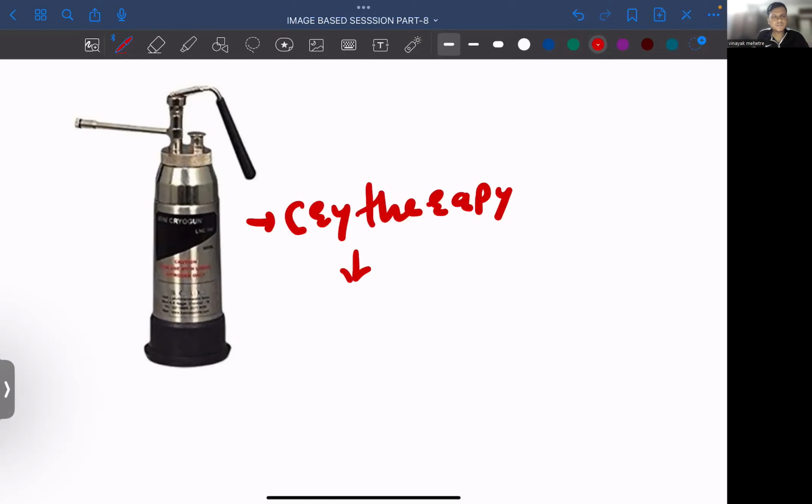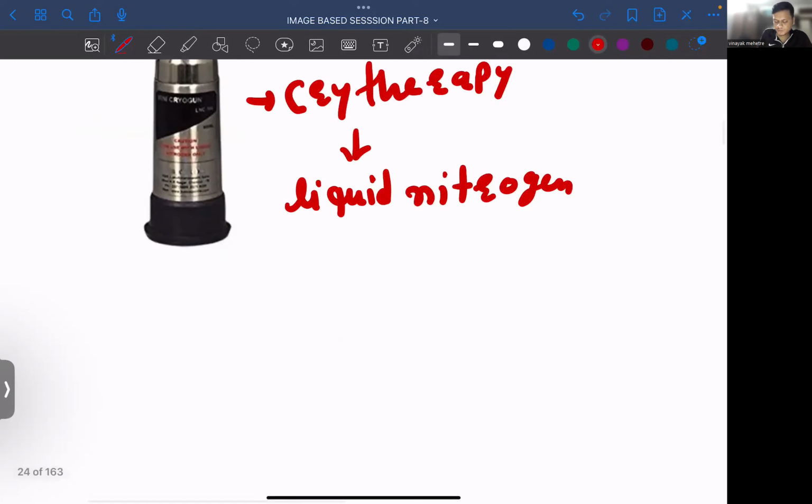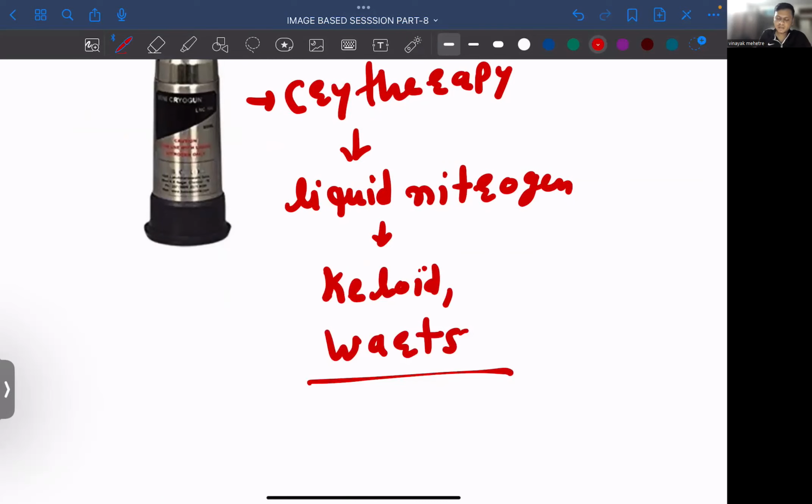What do we have in cryogun? We have liquid nitrogen. Where will we use cryotherapy? Yes, in keloid and warts, right? We will use this.